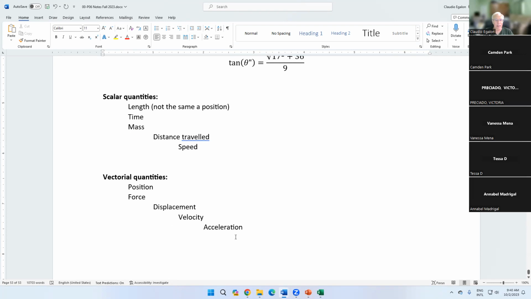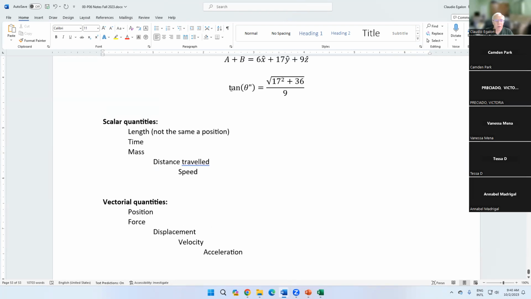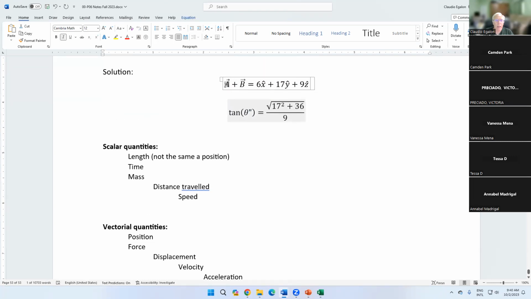The vector position, we usually denote it by the notation r, with a vector symbol at the top, lowercase r.